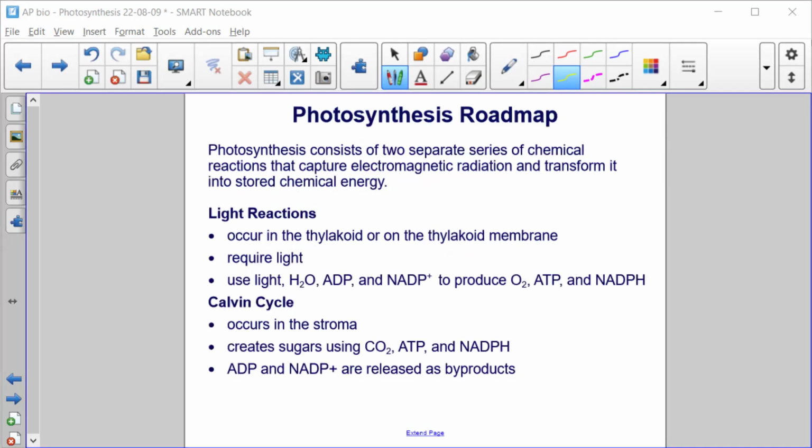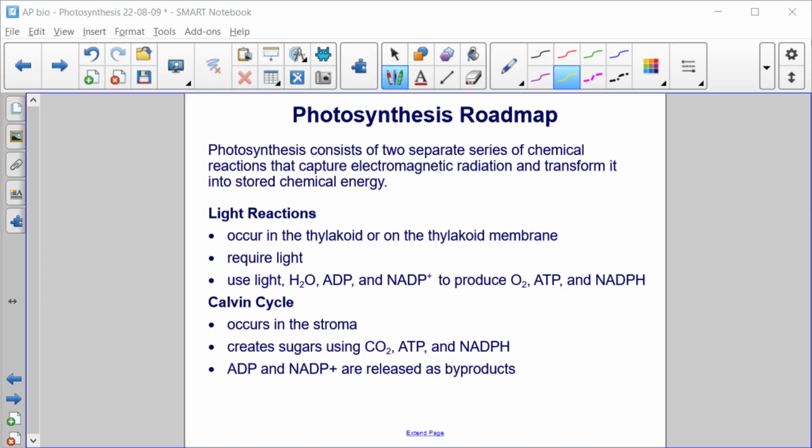All right, let's take a look at our photosynthesis roadmap here and just summarize everything we've talked about in this section, because it has been a lot. Photosynthesis consists of 2 separate series of chemical reactions that capture electromagnetic radiation and transform it into stored chemical energy. Light reactions occur in the thylakoid or on the thylakoid membrane.